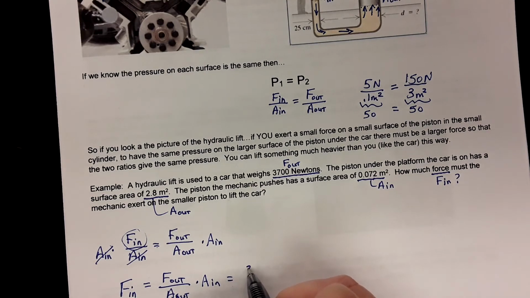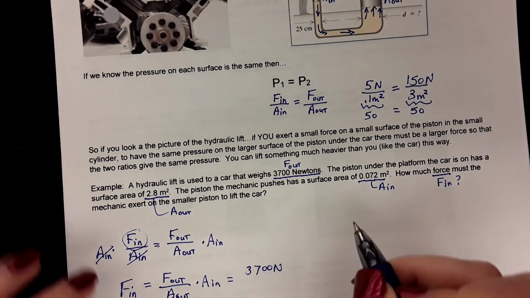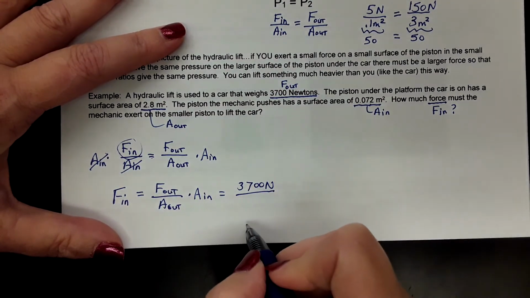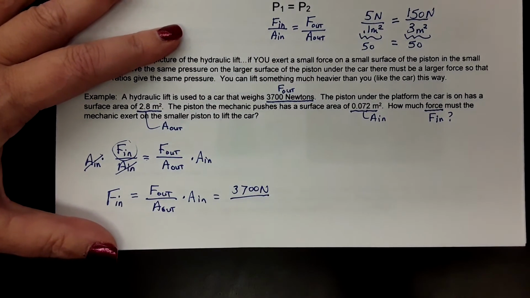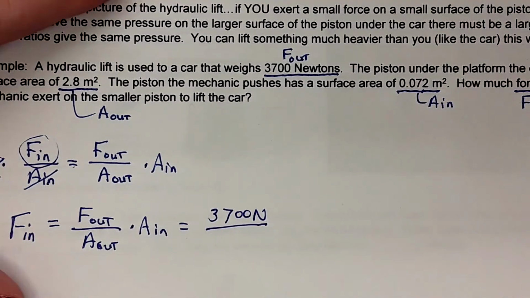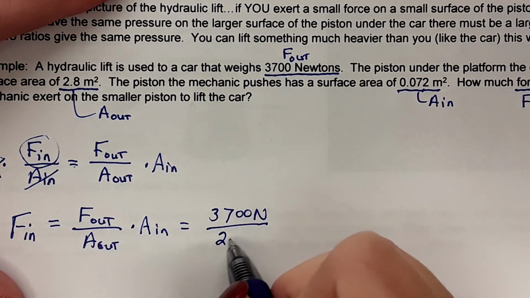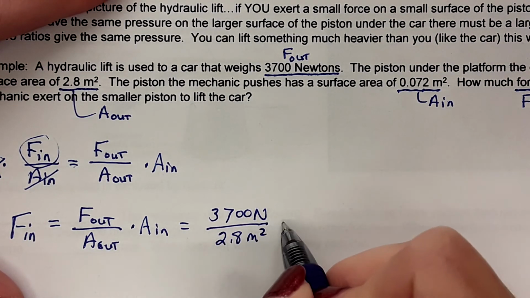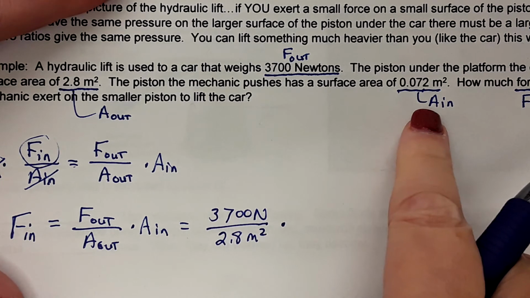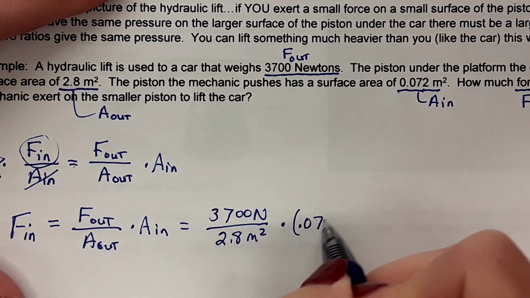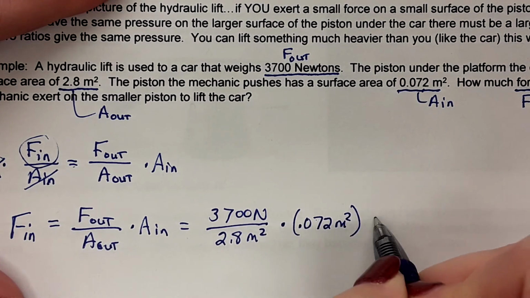So that's going to be 3,700 newtons over, the big one was 2.8 meters squared, times the small one, which is 0.072 meters squared.